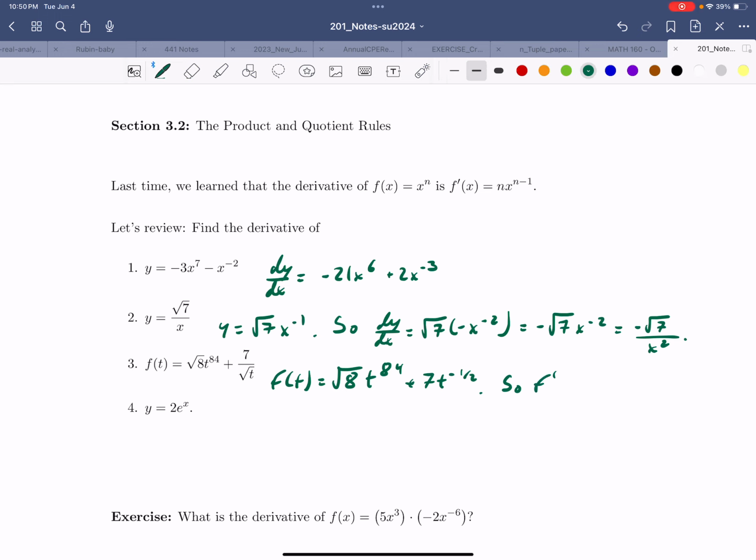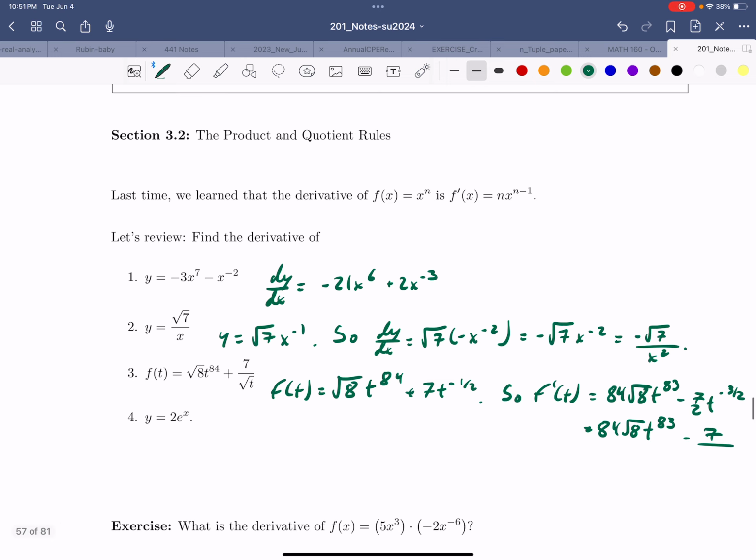So f prime of t equals 84 root 8 t to the 83rd minus 7/2 t to the negative 3/2, or 84 root 8 t to the 83rd minus 7 over 2 t root t, or the square root of t cubed. And then here we have dy over dx equals easiest derivative ever, 2 to the x. Okay.